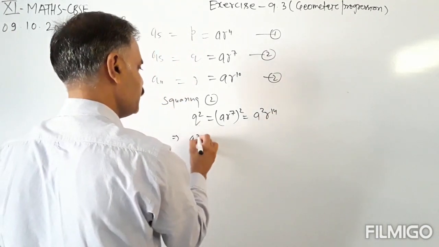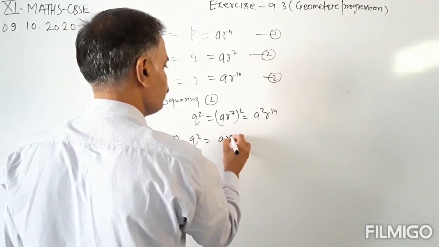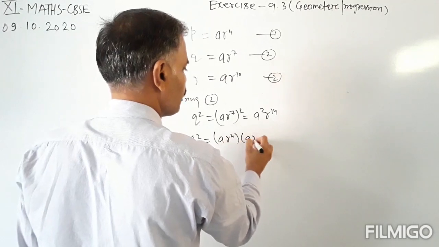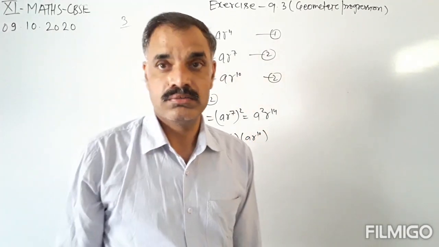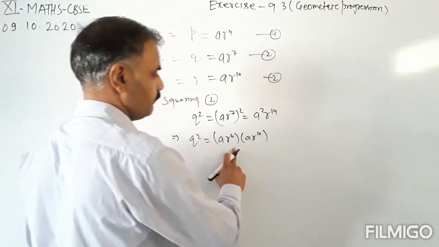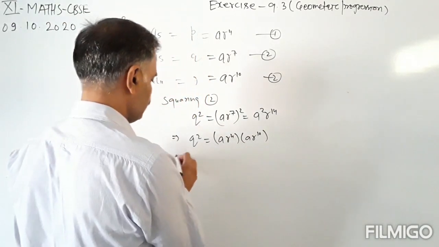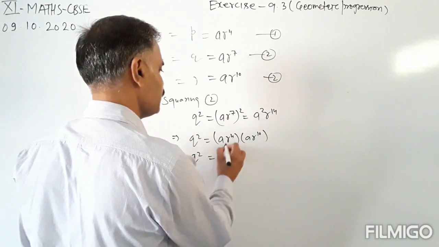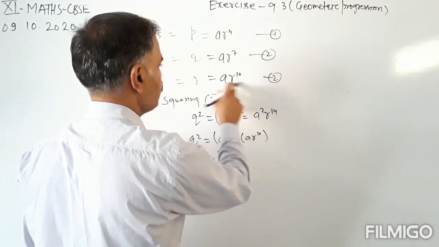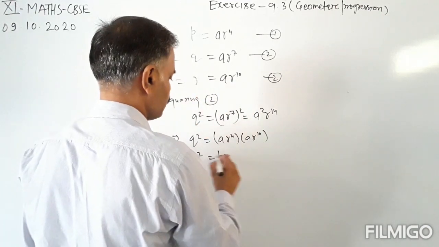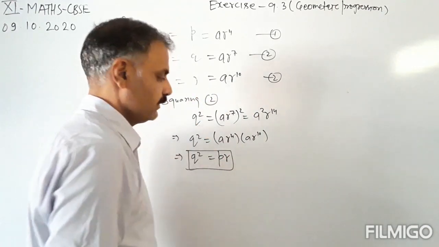So Q square equals AR to the power 4 times AR to the power 10, splitting A and R. So Q square equals AR to the power 4, that is P, and AR to the power 10, that is R. So Q square equals PR.